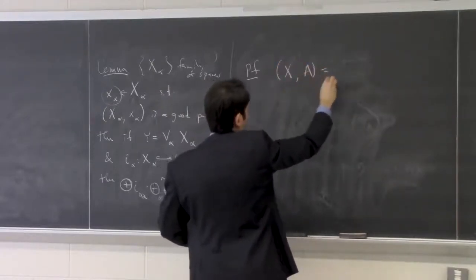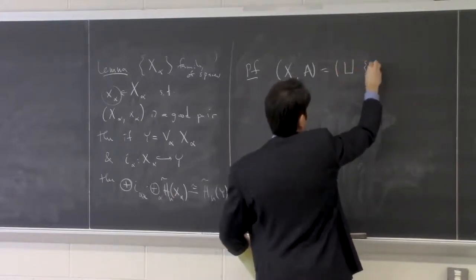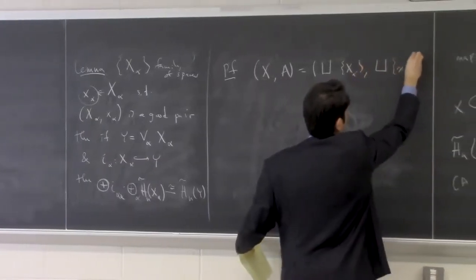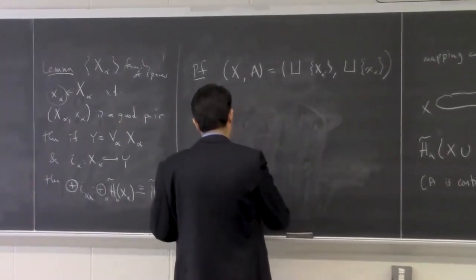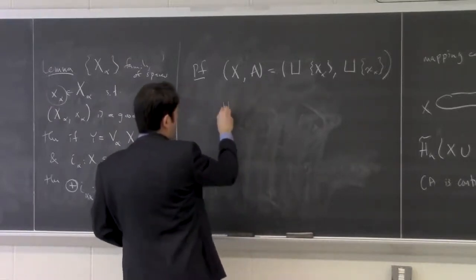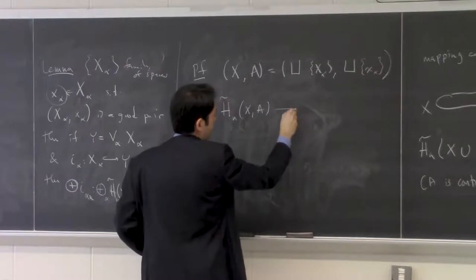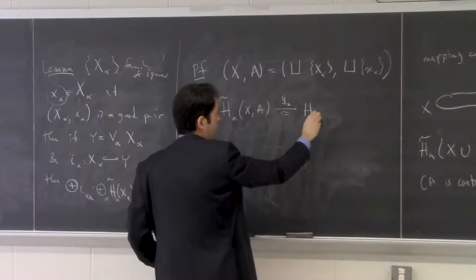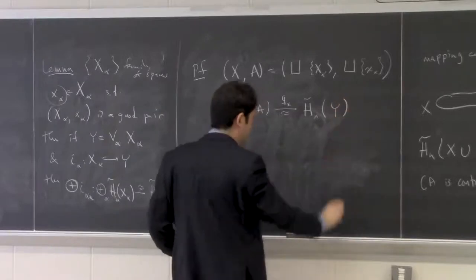Let's consider the pair (X, A) to be the disjoint union of the X alphas with the disjoint union of the little x alphas. Because we have a good pair, this is the same as the reduced homology of the quotient, which would be Y.